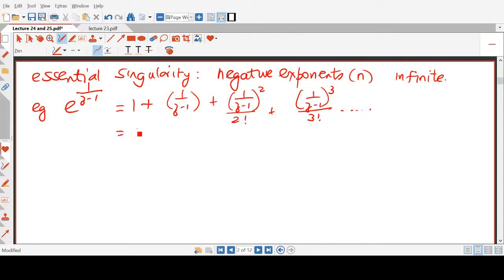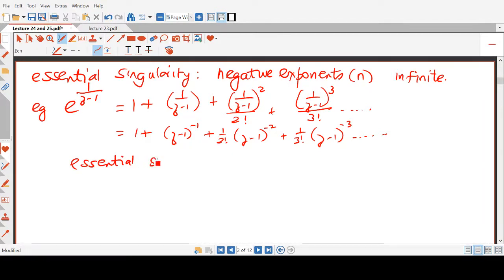In other words, 1 plus (z minus 1) to the minus 1 plus 1 over 2 factorial (z minus 1) to the minus 2 plus 1 over 3 factorial (z minus 1) to the power minus 3 and so on. So it doesn't terminate, doesn't stop. So we can say there's an essential singularity at z equals 1.